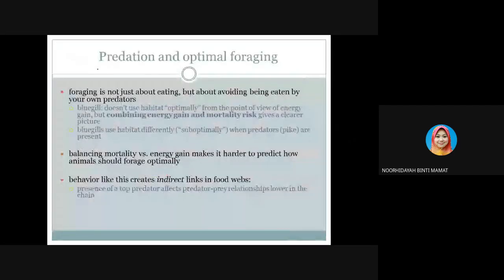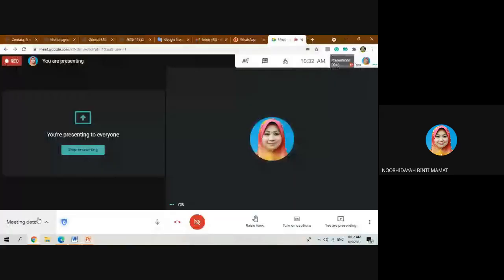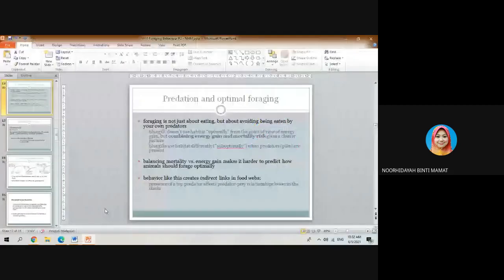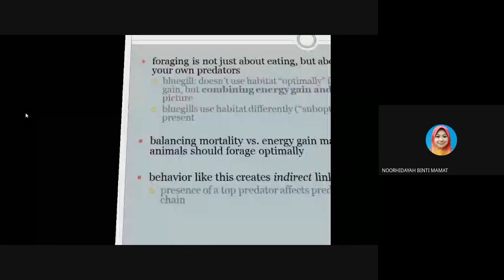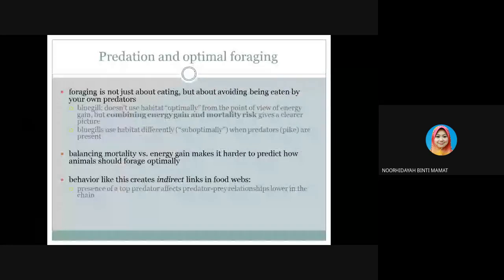So we go to predation and optimal foraging. Foraging is not about eating only, but it is also about avoiding being eaten by their own predators.